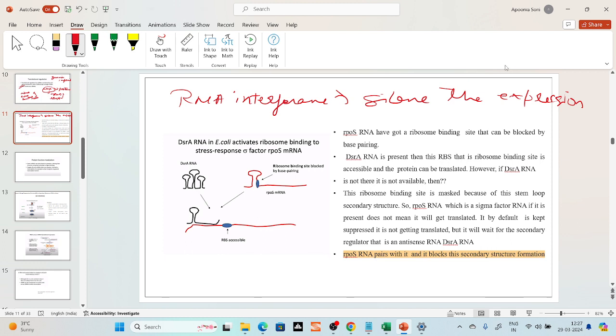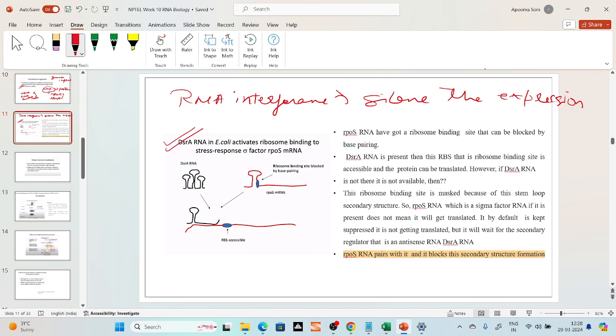But this is interesting and new: RNA interference not only silences the expression, but sometimes it can also activate the expression. That is why this example becomes important and different. Because we all know that RNA interference is the process which achieves the silencing of the expression of a gene, which means the translation is blocked and the protein is not formed. But here in this example, we'll see that RNA interference is helping the expression of the mRNA.